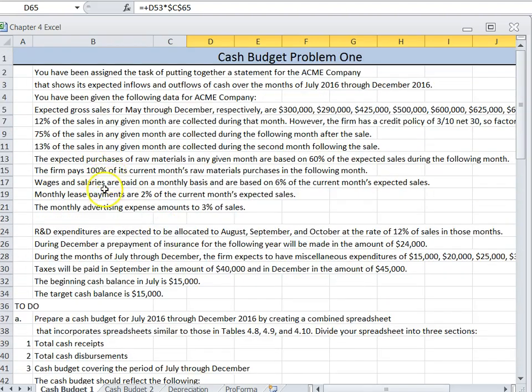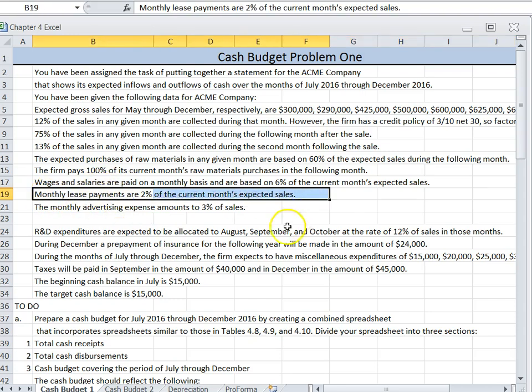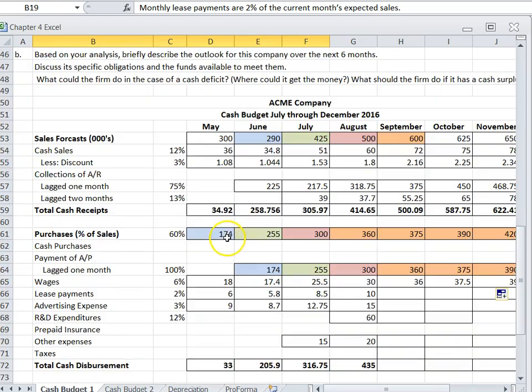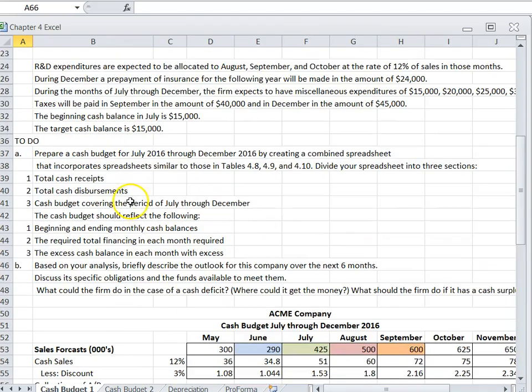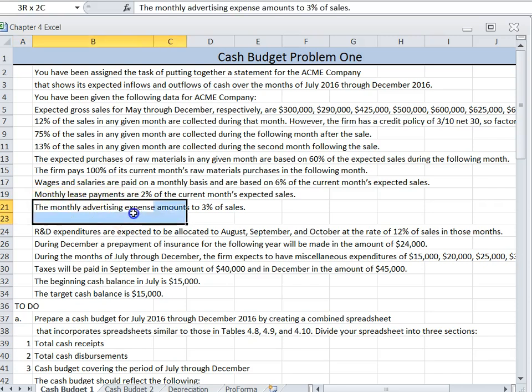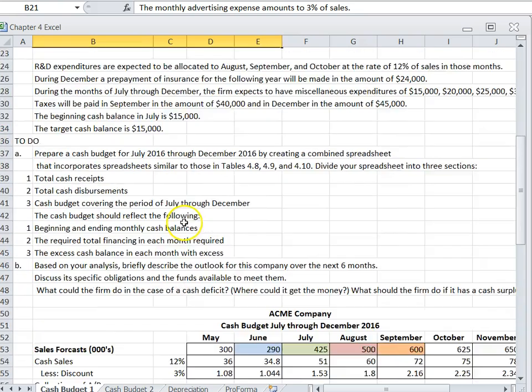And then, let's see. Monthly lease payments are 2% of current month's expected sales. Okay, so lease payments are 2%. And then the monthly advertising amounts to 3% of sales.